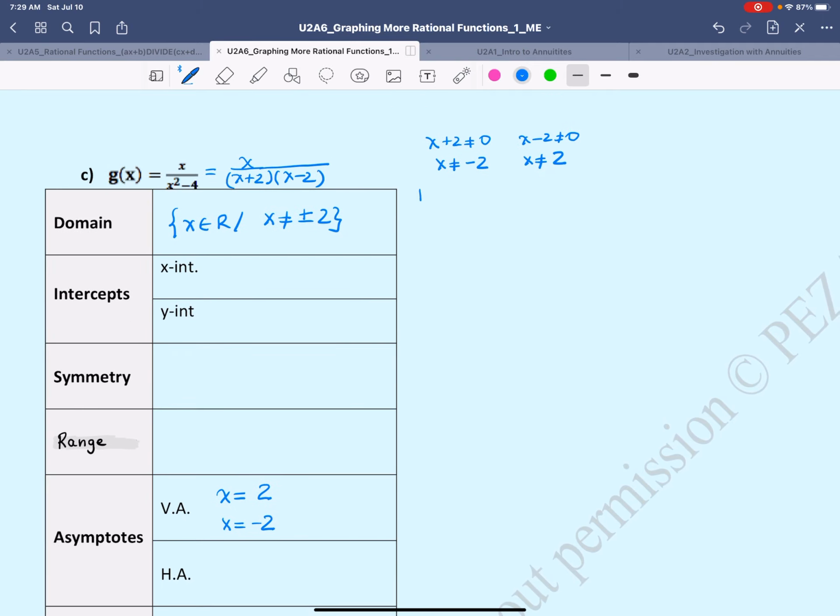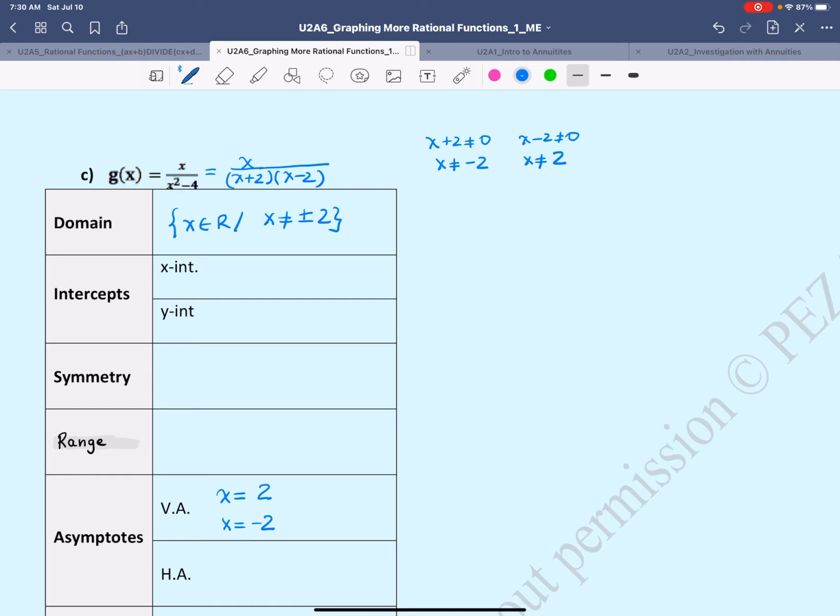Next, we will look into the horizontal asymptote. Remember that when determining the horizontal asymptotes of a rational function, we first find what the highest degree term in the whole function is. The highest degree term here is 2. The other x term has a power of 1.